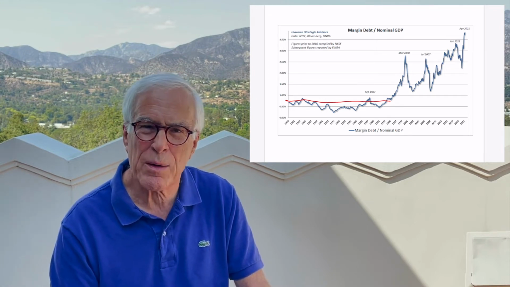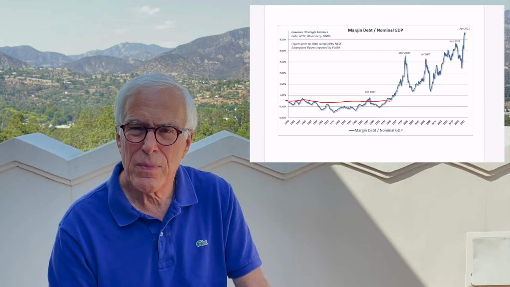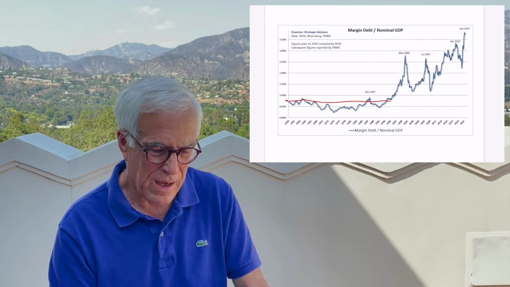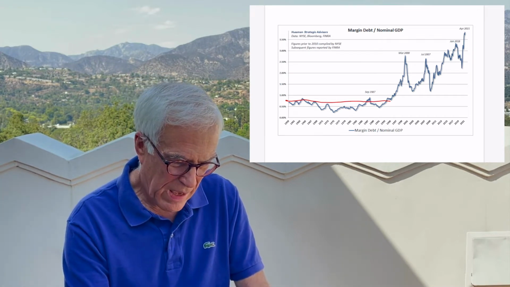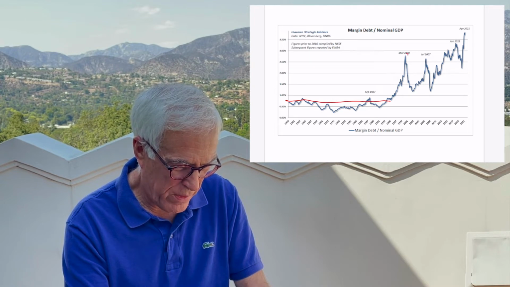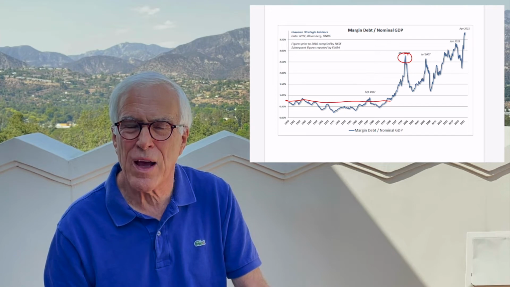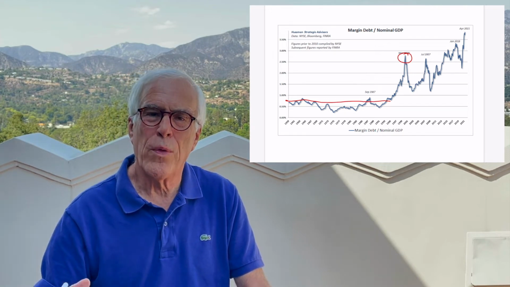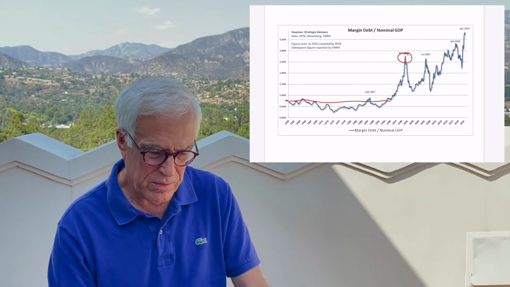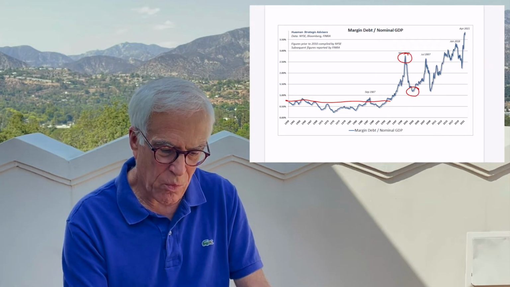And then as the stock market takes off, as we get into the dot-com boom, that ratio goes up from about 0.5 to over 2.5. So it increases 5 times. When the dot-com boom explodes, it drops back to about 1.